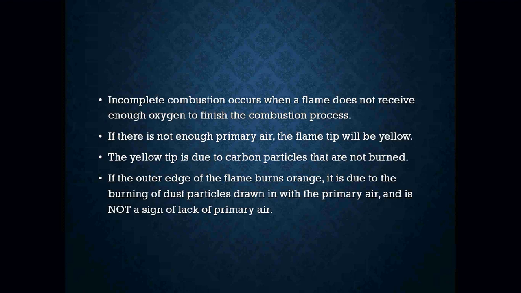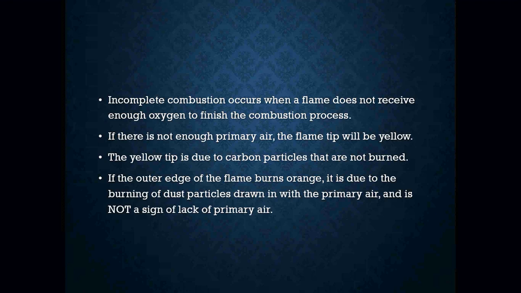If the outer edge of the flame burns orange, it is due to burning of dust particles drawn in from the primary air and is not a sign of any issue with the combustion process. Sometimes that's actually pretty normal in natural gas furnaces. You'll see the flame have a nice light blue, but every once in a while you'll see maybe an orange little flicker going on inside there. Nothing wrong with that.